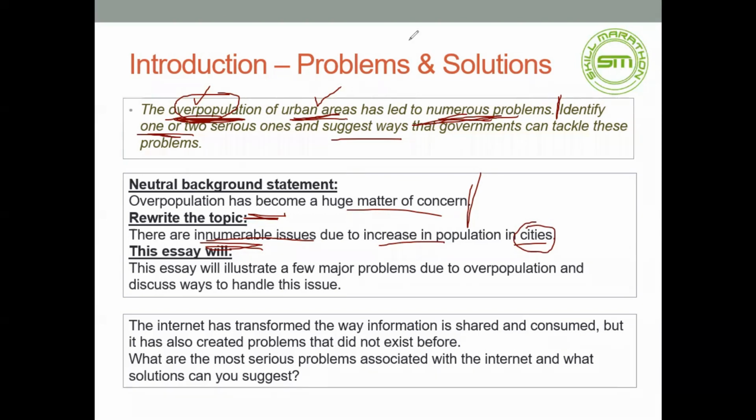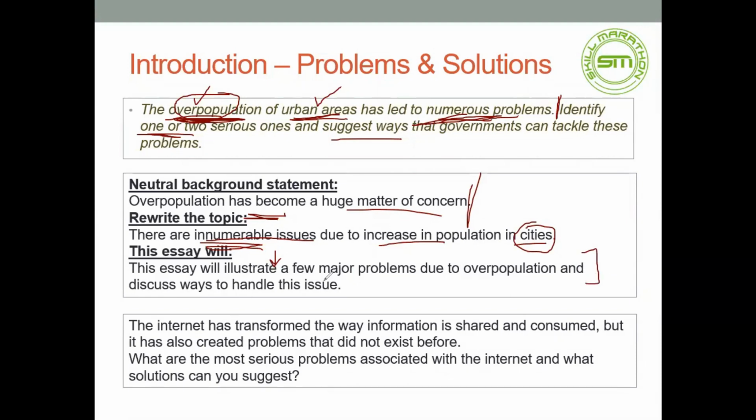And finally, I'm going to tell you what my essay is actually going to contain. So what is it that I'm going to talk about? I'm going to talk about the problem caused due to overpopulation and discuss how this issue can be handled. And that's exactly what I've written in the third segment.